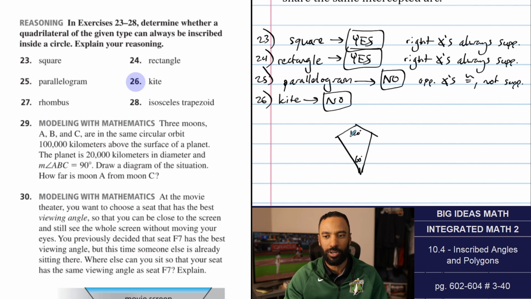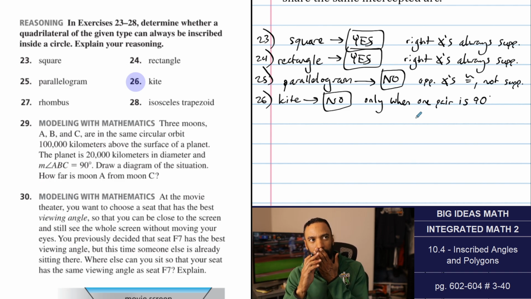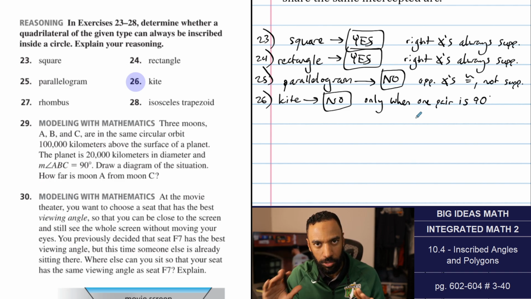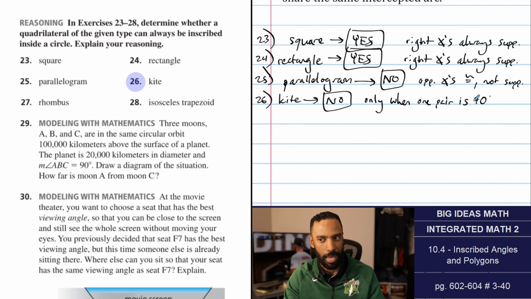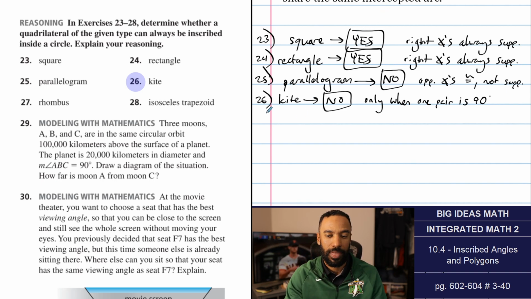These opposite angles would have to be right angles, because those opposite angles are congruent only when one pair is 90 degrees. There's one pair of opposite angles of a kite that's always congruent, so when that pair is 90 degrees, then the other pair, yeah, that's the only case, and no other case.